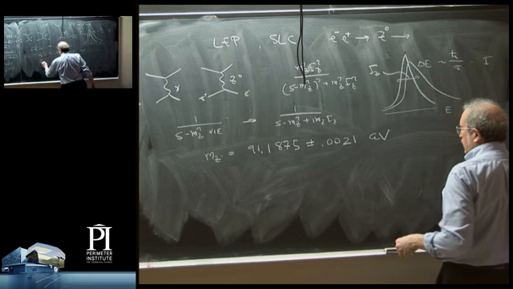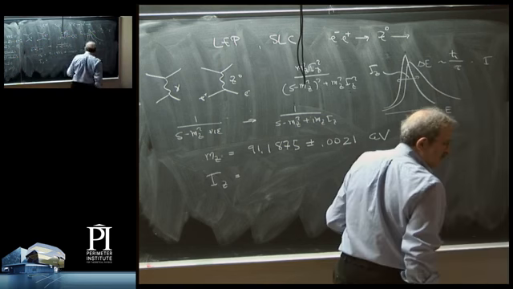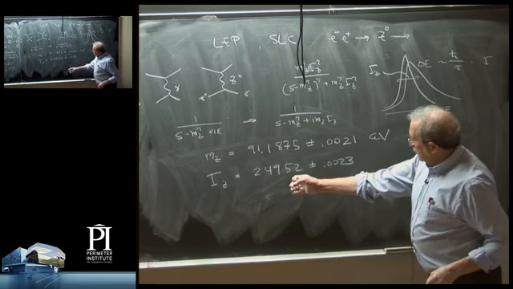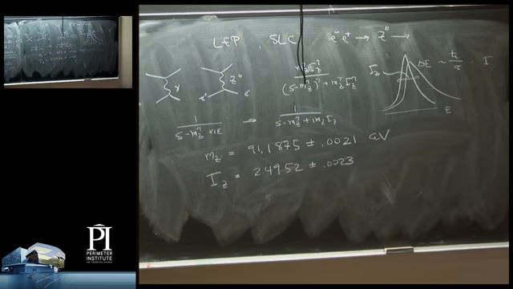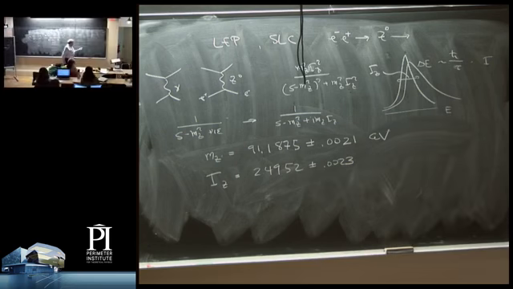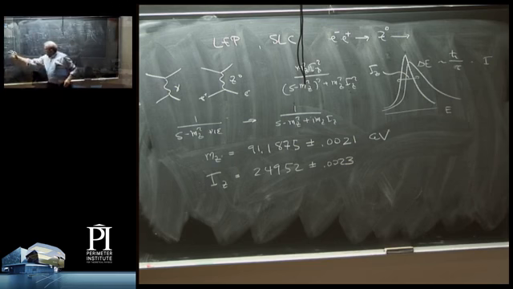And the width is 2.4952 plus or minus 0.0023. So it's in very good agreement with this estimate that we made up here. And actually, even such that you might think that it's learning about this effect, although I'll have something else to say about that effect in a moment.